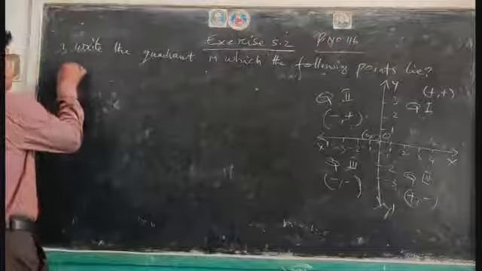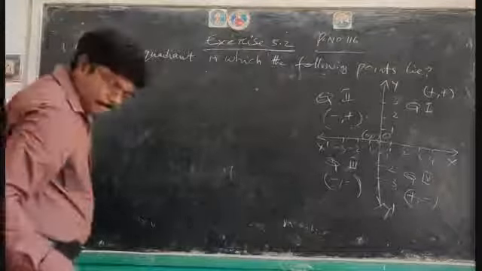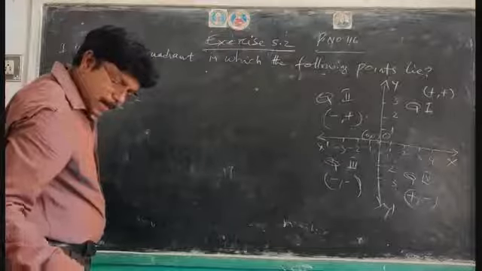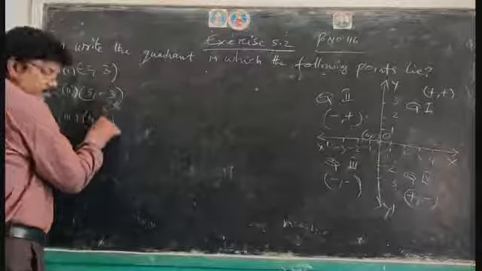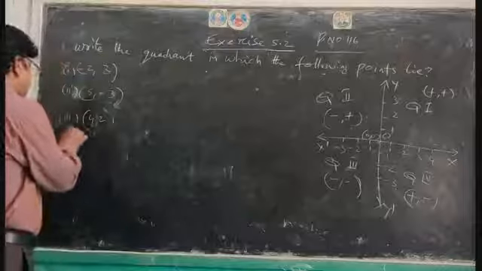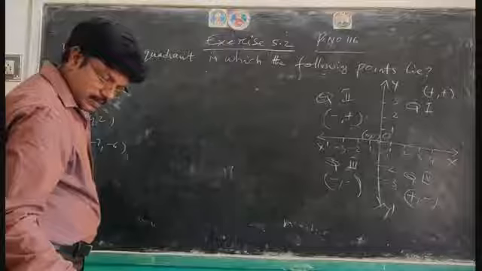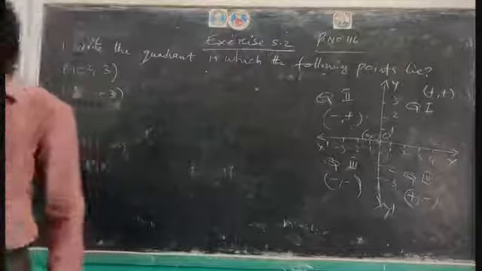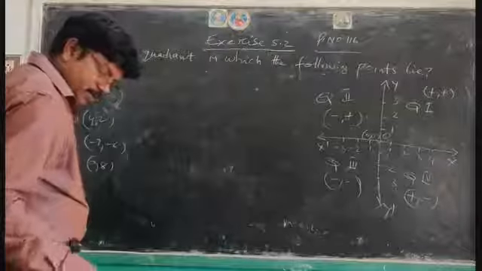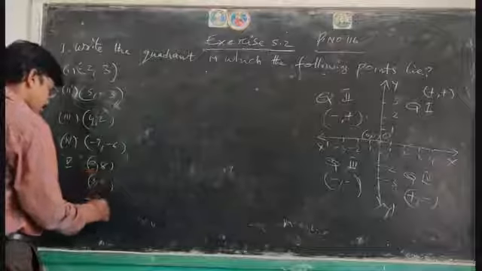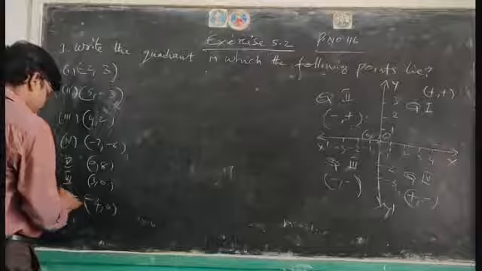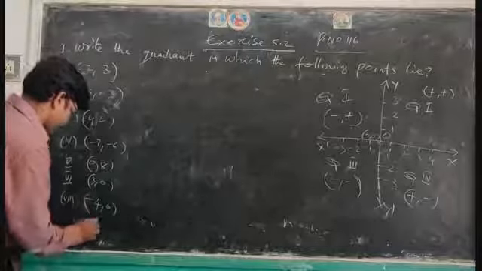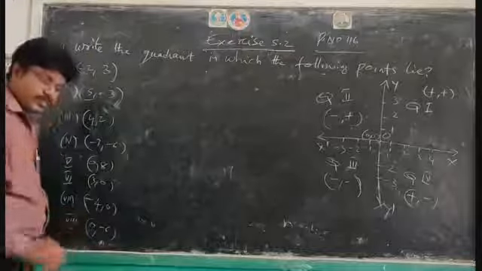The points given are: (-2, 3), (5, -3), (4, 2), (-7, -6), (0, 8), (3, 0), (-4, 0), (0, -6).